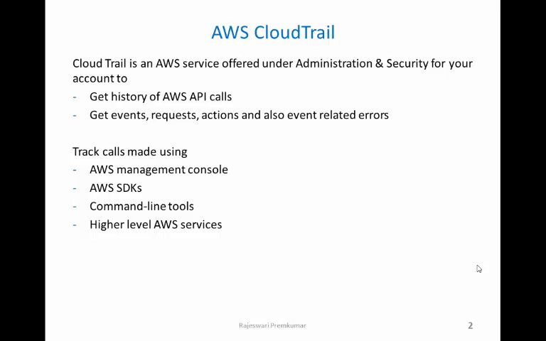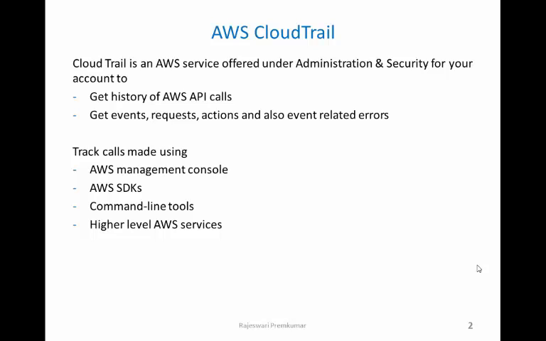So you can track the calls that are made using the Amazon AWS Management Console, or using the AWS SDKs or command line tools or any other high-level AWS services.